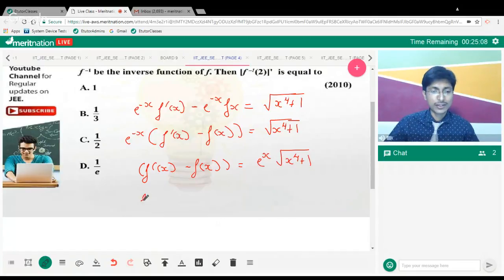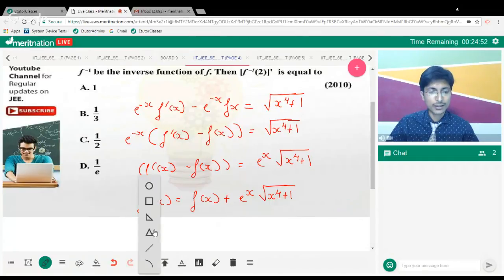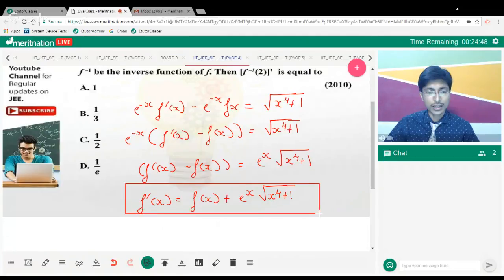So f dash x equals f(x) plus e raised to the power x under root x raised to the power 4 plus 1. Okay, this is something which we will keep separately because it is going to help us in getting f dash x.